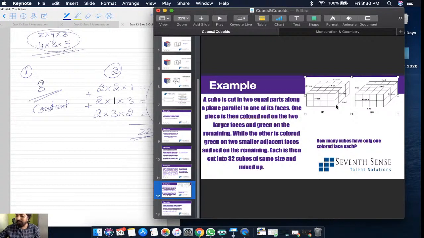So you can consider it as a 4 cross 4 cross 2 matrix. How many cubes have only one face colored? Where do you see one face colored?